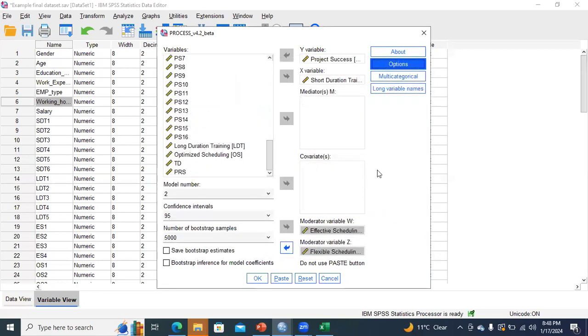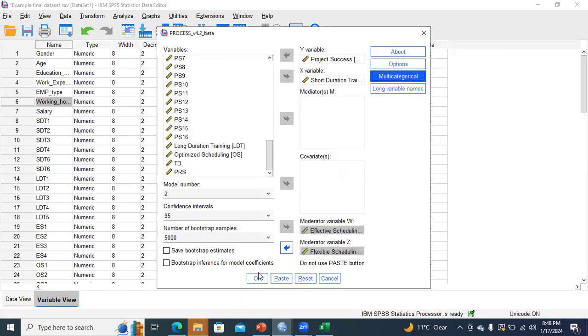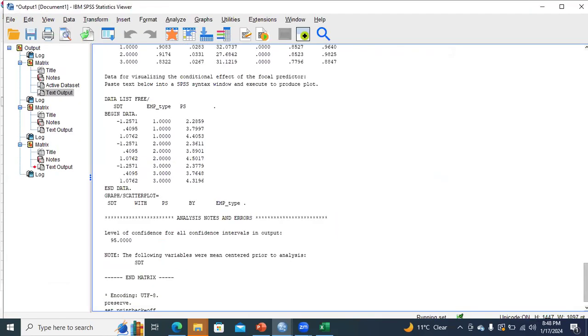Click continue. Then we go to multi-categorical and we need to uncheck this. It was checked because previously we used a categorical moderator, but this time we are not using categorical variables. So just click continue, click OK, and you will find the results.